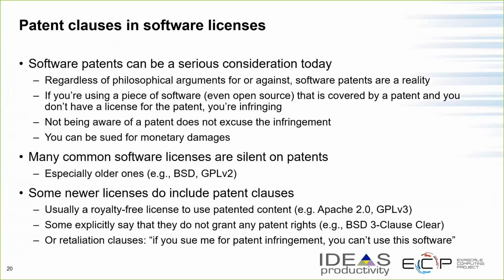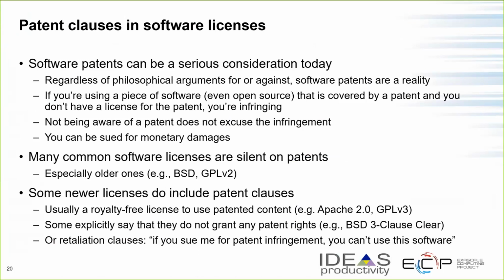As I said, a lot of the older software licenses out there are silent on patents. This was not a consideration early on when the open source community was first developing. But there are newer licenses that do include patent clauses. The most common thing you'll encounter these days is what's called a royalty-free license to use patented content.